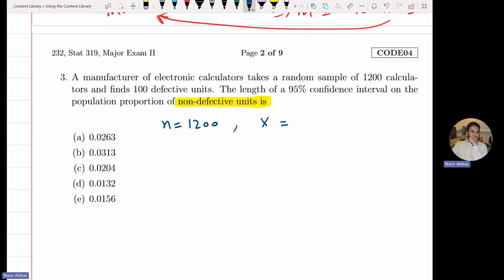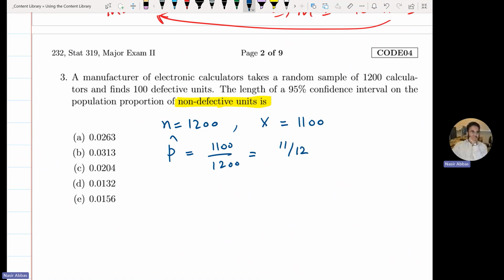So what is x in this case? 1,100. Because your interest is in non-defective. So P hat is what? P hat is, let's keep it like this, 11 by 12.